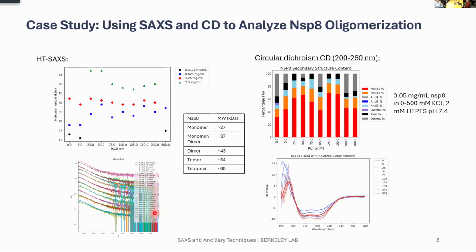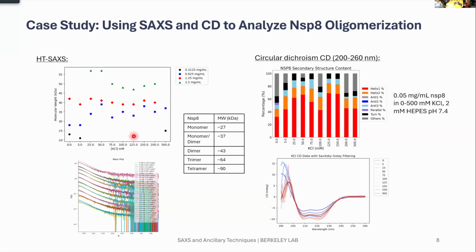Finally, some real data from HT SAXS and circular dichroism. Here in the left panel, I have NSP8, the protein that I mentioned before, under different concentrations. The first thing you can notice is that the molecular weight of the protein itself is concentration dependent. As you can see, it increases from around 23 kilodalton to 45 with increasing protein concentration.